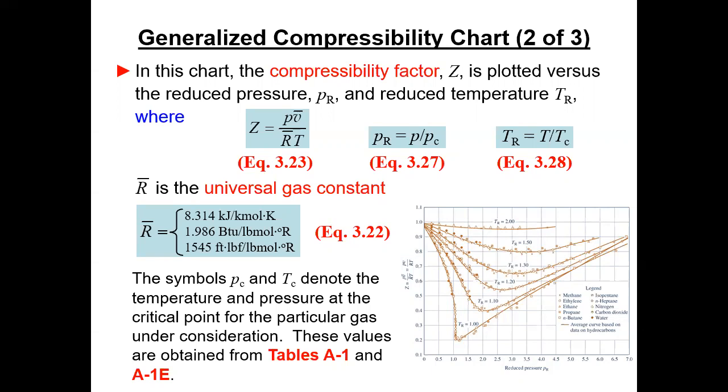Say if I give you an amount of mass and you're going to work with that, then you got to take your mass and turn it into moles. Or if you're going to use a specific volume per unit mass, then you've got to convert that one from meters cubed per kmol to meters cubed per pound. And it's the molecular weight that's going to do that conversion. Because what are the units on a molecular weight?